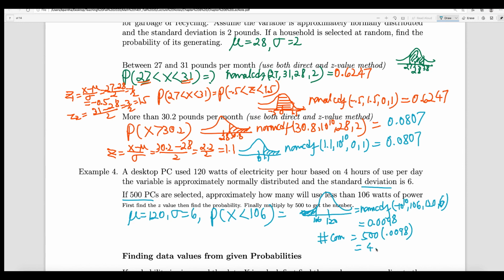So 4.9 computers is approximated by 5 computers. Out of 500, 5 computers are using less than 106 watts of power.